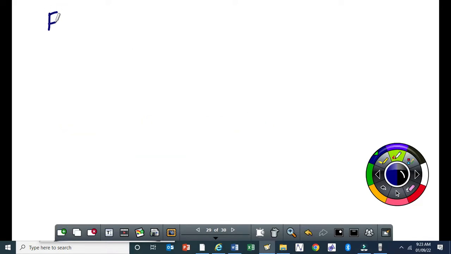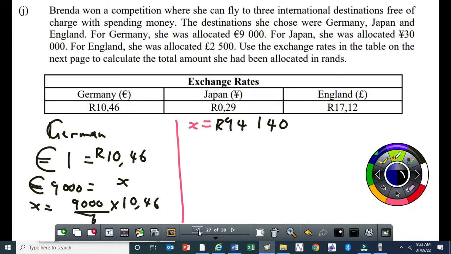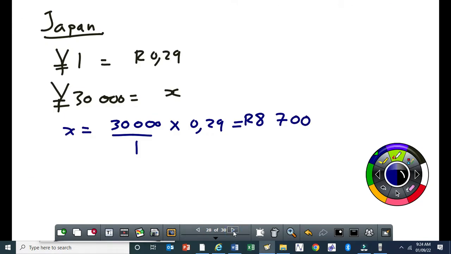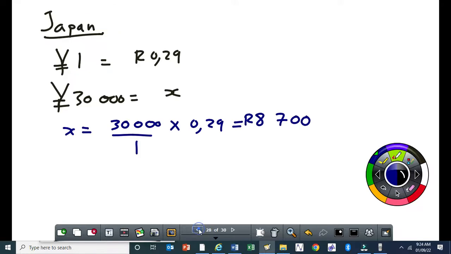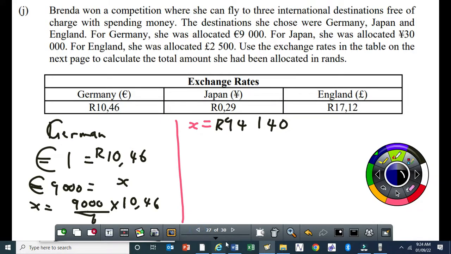So for England, we have £1. £1 is equal to 17 rand and 12 cents.